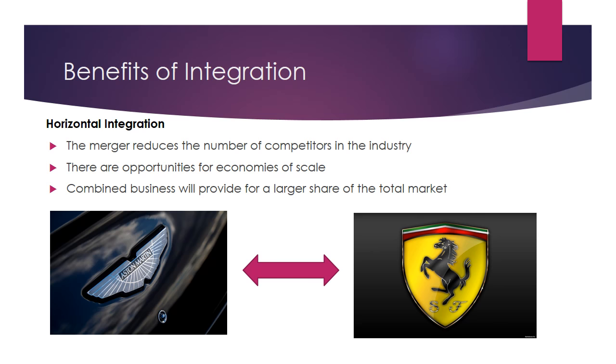Now, do you think they would need two sets of management to run the same business? One set of management could run both the businesses. This is an example of economies of scale. Now, combined businesses would provide a larger share of the total market. We talked about that already, where Aston Martin could essentially buy out Ferrari and take over their market share.